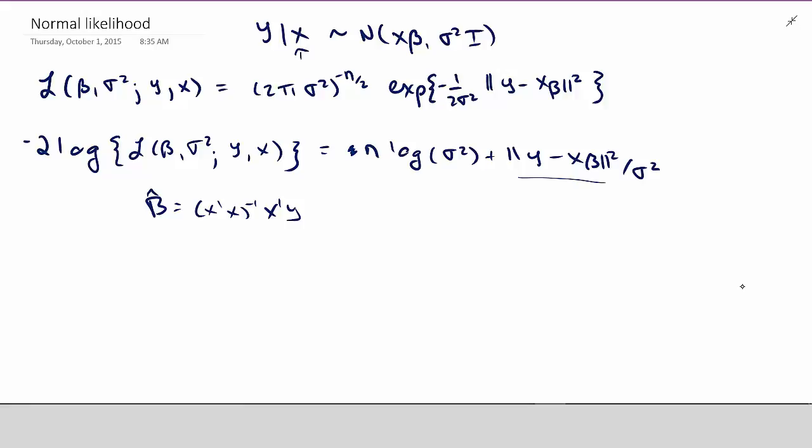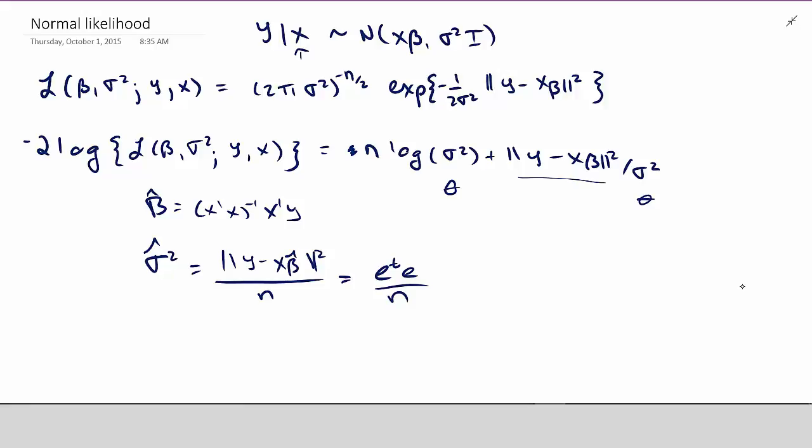But be careful: maybe replace sigma squared by theta or something, so you know that you're not taking derivatives with respect to sigma, you're taking derivatives with respect to sigma squared. When you do that, you get that the estimate of sigma squared is just the norm y minus x beta hat squared over n, which is of course e transpose e over n.